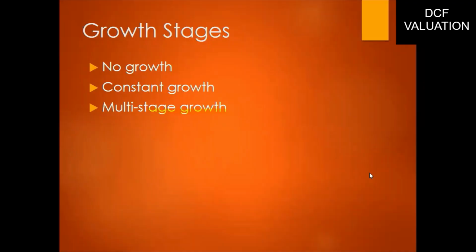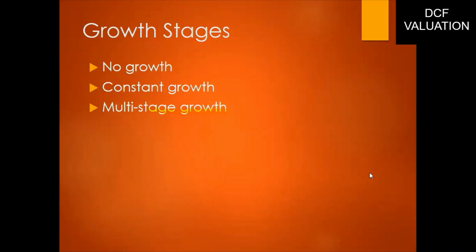Since the near future is generally easier to predict, then we have a more detailed forecast for the first stage if we have a multi-stage growth. That's why I require you to prepare a 5-year forecast, because some of you would most likely have a good basis to predict the next 5 years. So that could be prepared with much detail.